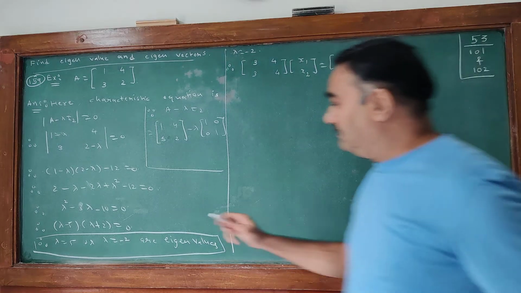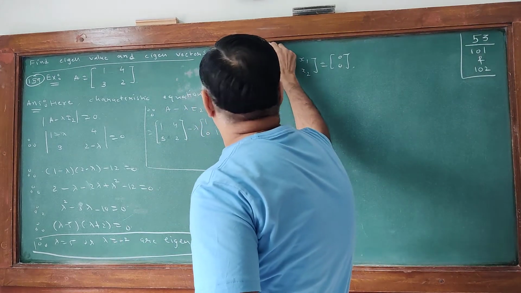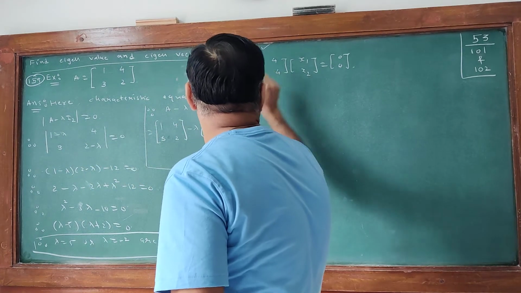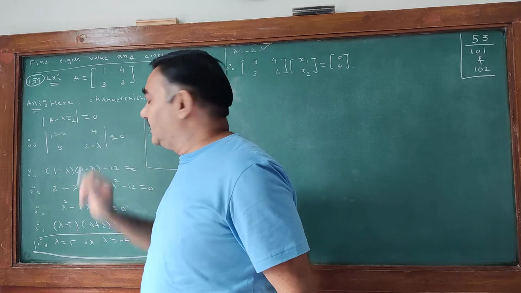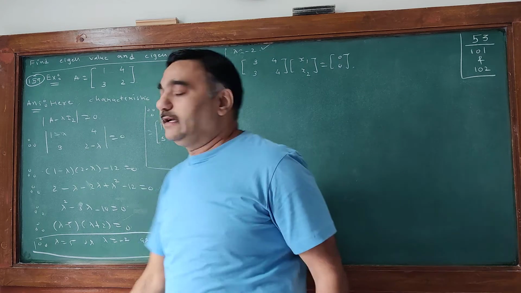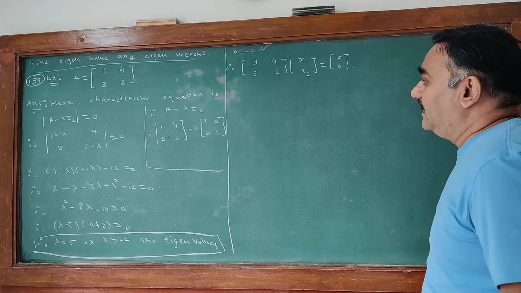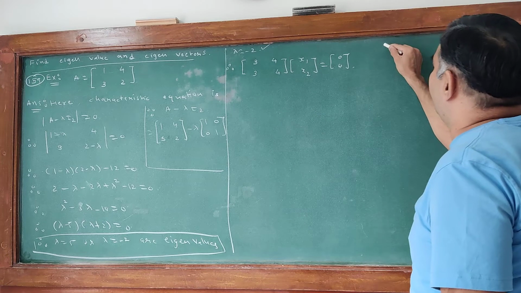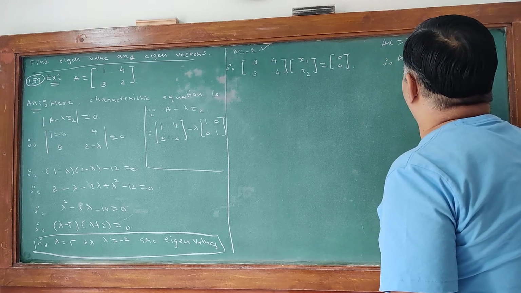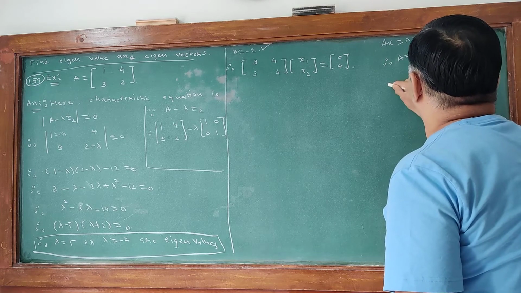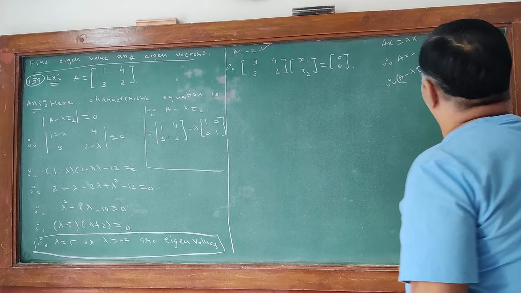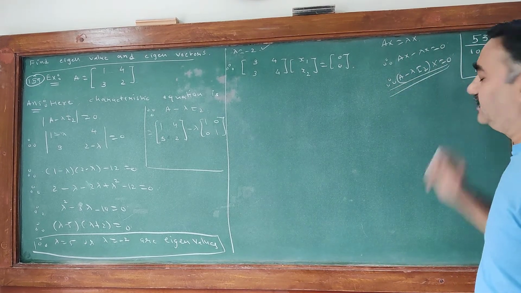Now we choose value of lambda as minus 2. We put it here. 1 minus of minus 2, so it is 3. And 4 is there. 3, 2 minus of minus 2 means it is 4. And therefore it is 3, 4, 3, 4. And here it is x1, x2. The cause is that Ax equal to lambda x. Therefore, Ax minus lambda x equal to 0, so (A minus lambda I2) x equal to 0. We find it actually by this one.